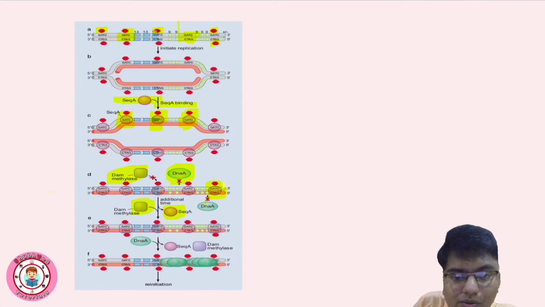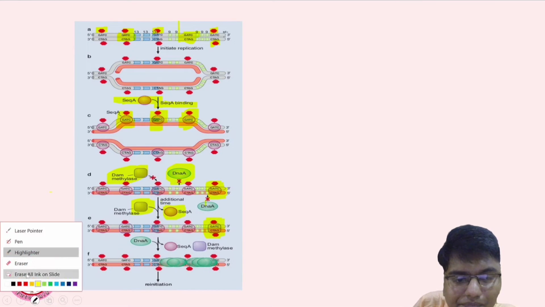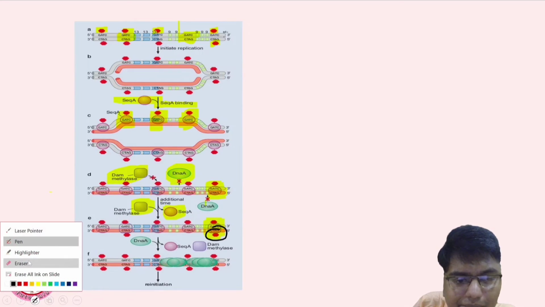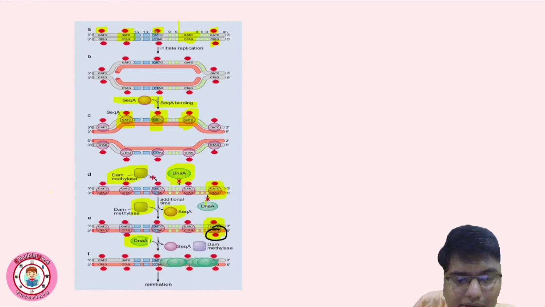Here binds the methylase and it will methylate here. We can see here, this is methylated, right? By methylase. Then DnaA can come here and bind. So DnaA will come and start the replication then.